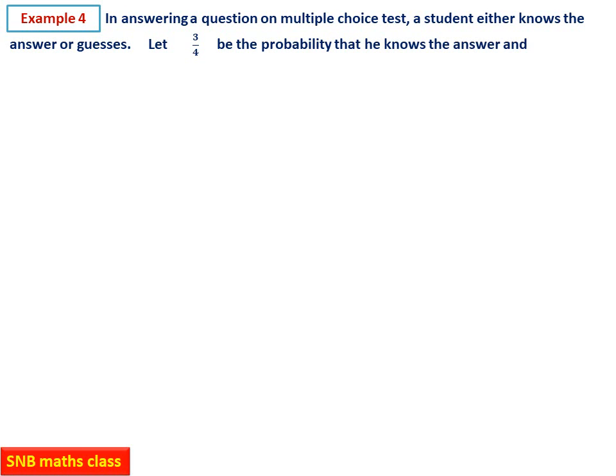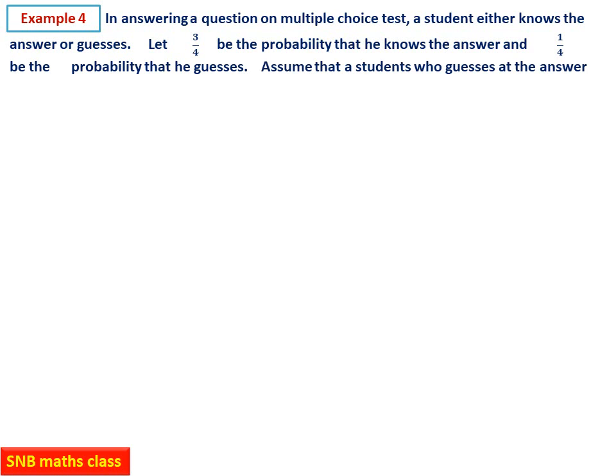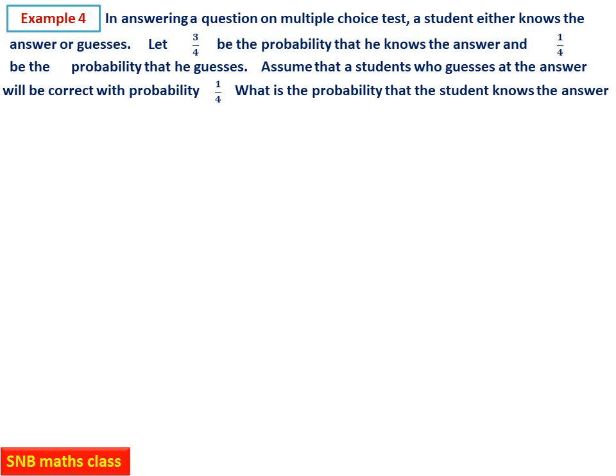Let 3 by 4 be the probability that he knows the answer and 1 by 4 be the probability that he guesses. Now assume that a student who guesses at the answer will be correct with the probability 1 by 4. What is the probability that the student knows the answer given that he has answered correctly?